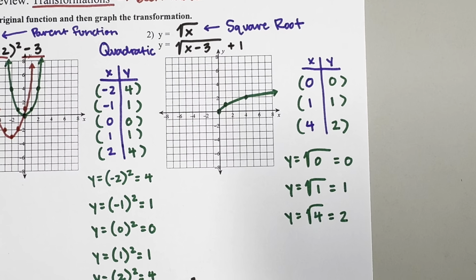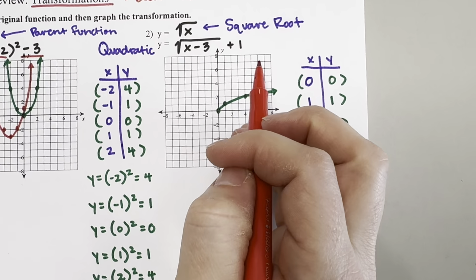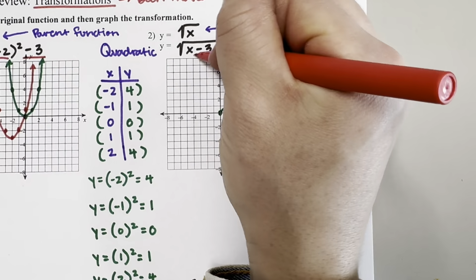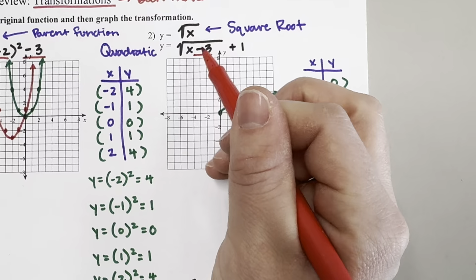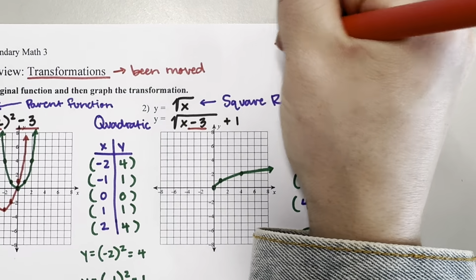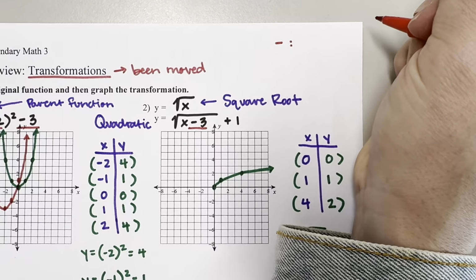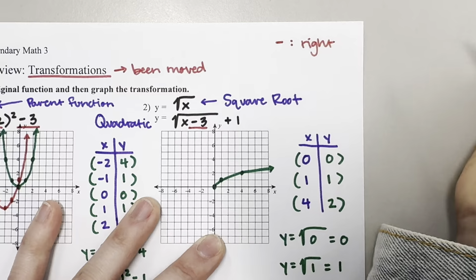Okay, so now what we need to do is we need to identify how it's been transformed here. Okay, so on the inside is always left and right. Okay, so minus, in fact, let's make this note on our paper. Whenever I see a minus on the inside, that means I'm going to the right.